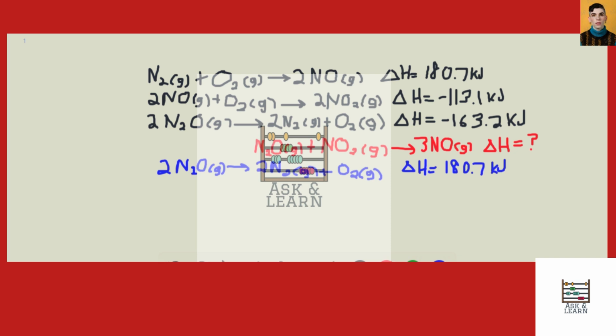Now, let's go through our other equations. Here we have N2 on the right. We have to move it to the left. And we also have N2 on the left, so we have to move that to the right.